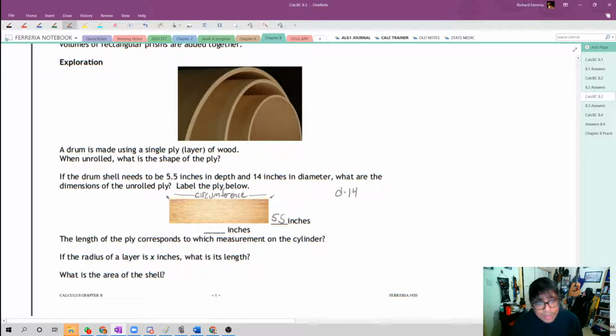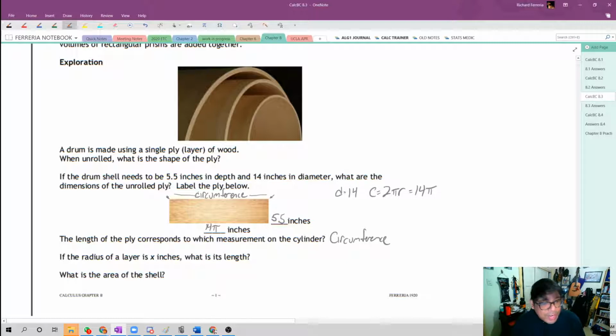So the circumference is 2 pi r, which in our case is going to be 14 pi. So this right here is 14 pi inches. So the length of the ply corresponds with the circumference.